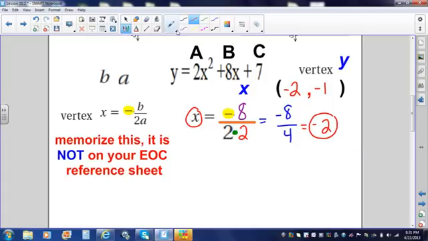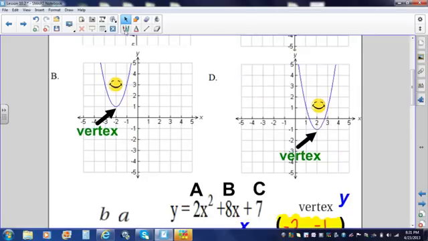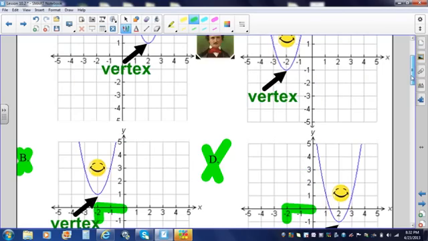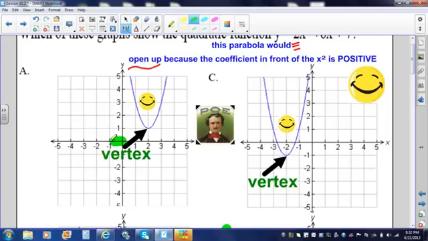My vertex is going to be -2, -1. Ooh, that's not in the right spot, but it's close. -2, -1.